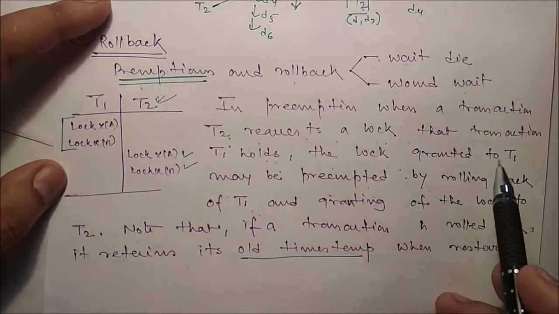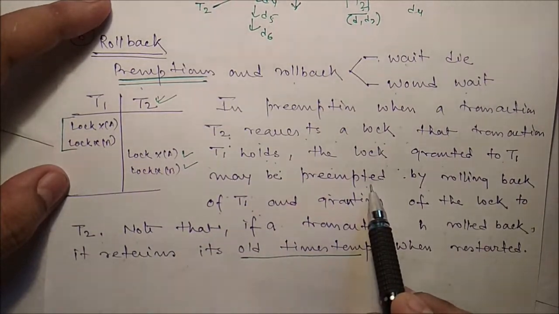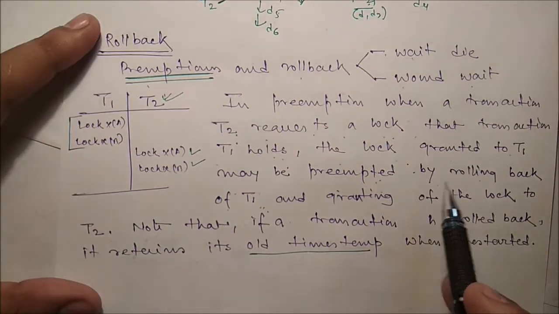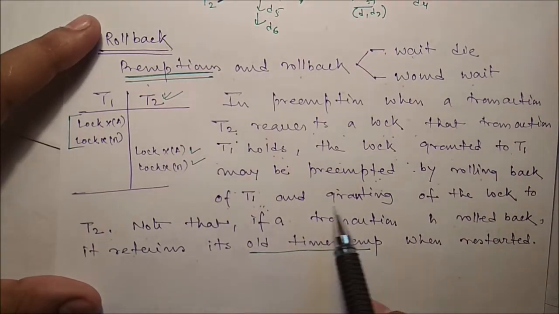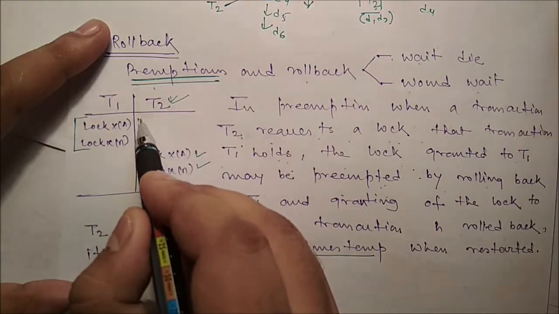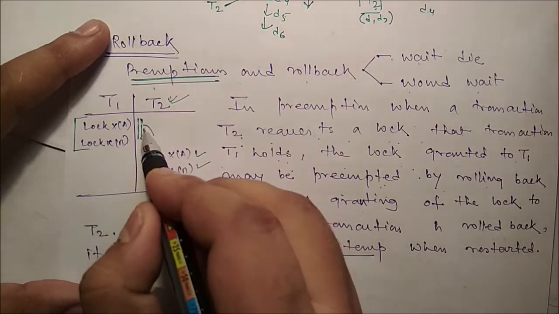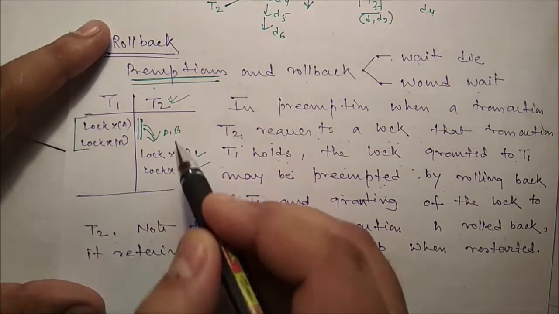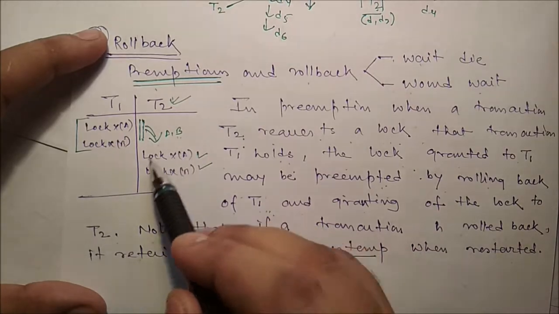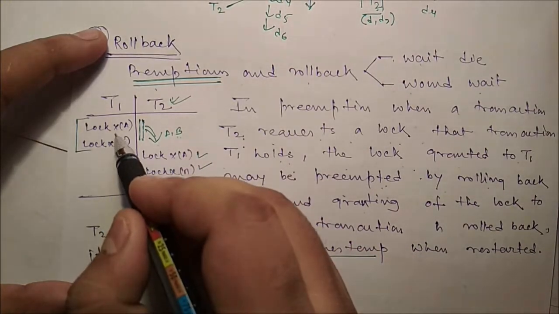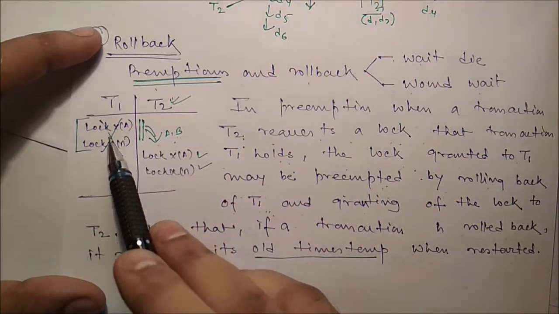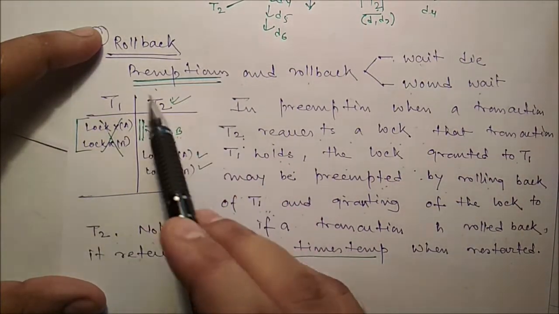The lock granted to T1 may be preempted by rolling back T1 and granting the lock to T2. That means we just take away the permission on A and B from T1, give it to the T2 transaction, and roll back T1. This concept is called preemption: taking away resources from another transaction.